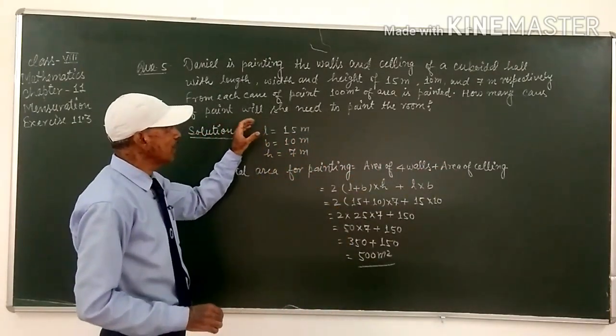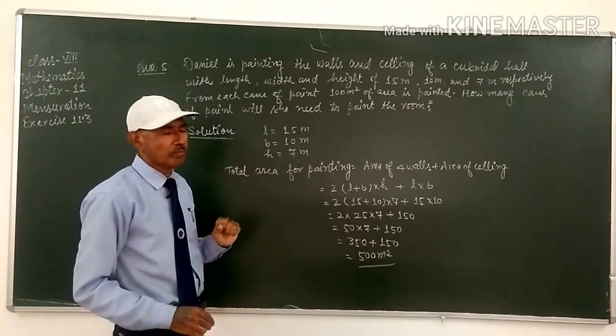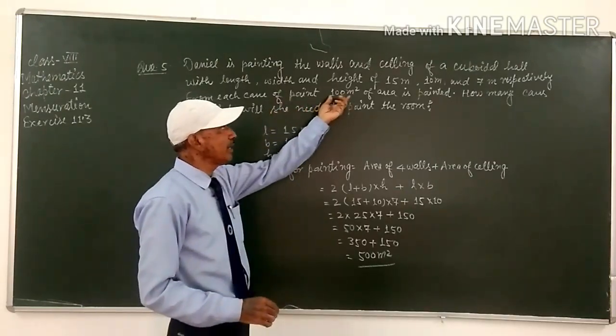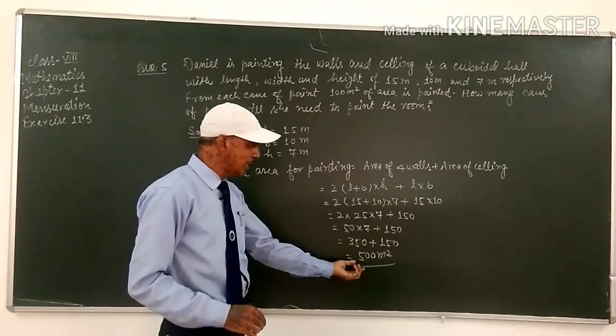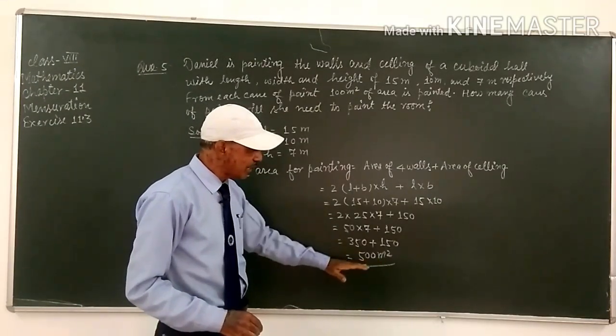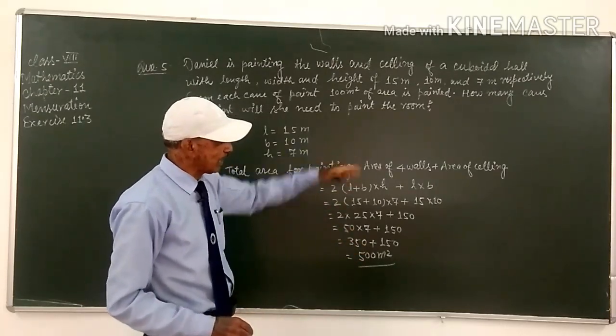Now we have to find out the number of cans she needed to paint the room. Clear students? So in one can she paints 100 meter square and the total area is 500 meter square. So how many cans are required to paint this total area?